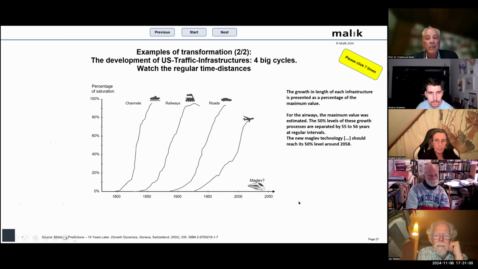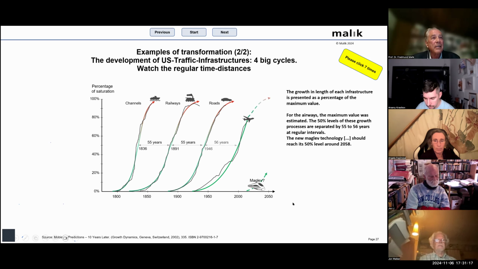And the next one might be the maglev or something else in terms of even better technology. And if we smooth these curves a little bit, then you see that all are at exactly 55 years distance from each other, measured from 1800, percentage of saturation.